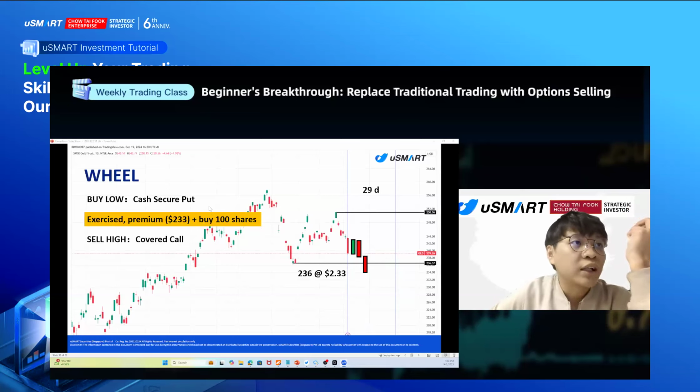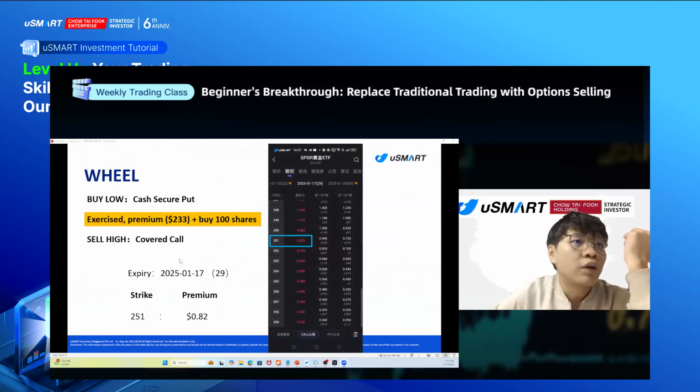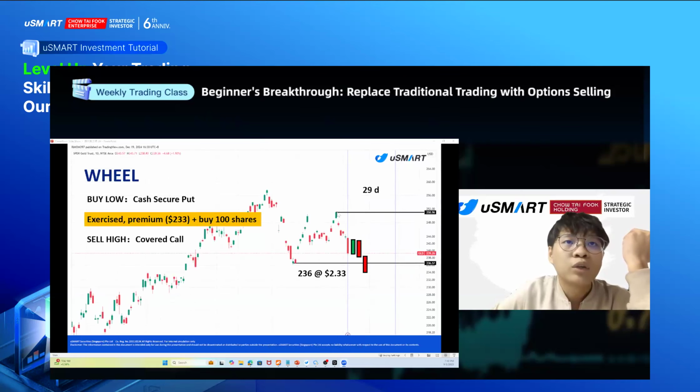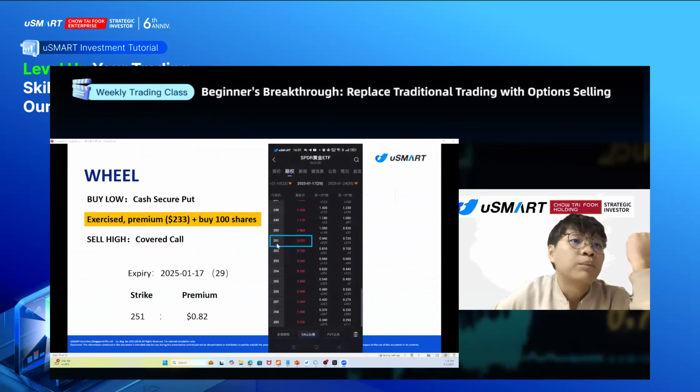So after I get into this position, I only do the sell high. In this case, it's the covered call, where I have 100 shares and then I sell a call option. So let's see, if I'm going to sell high at this resistance level, which is 251, I would say, what is the premium that is able to pay me?